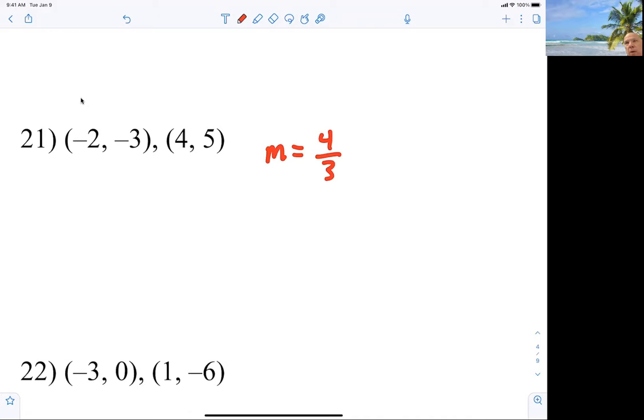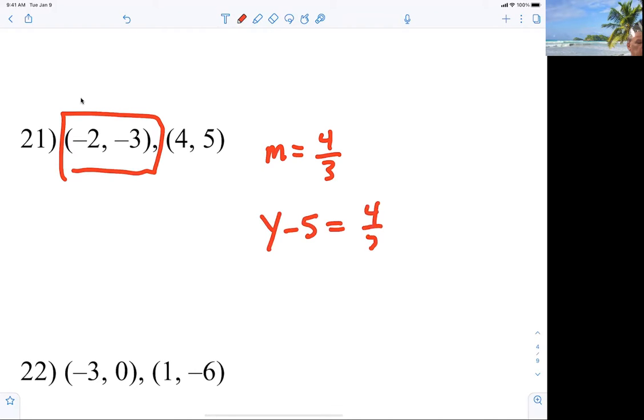And then 4/3. Now you get to pick what point you want. The first point or the second point. It doesn't matter. Harris, you all right, man? All right, so from there, go ahead, write the equation. Point slope, what would it be? y minus 5 equals 4/3.